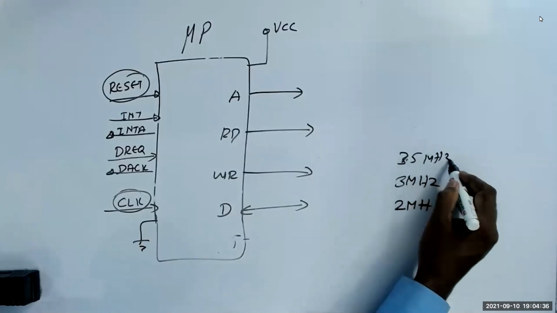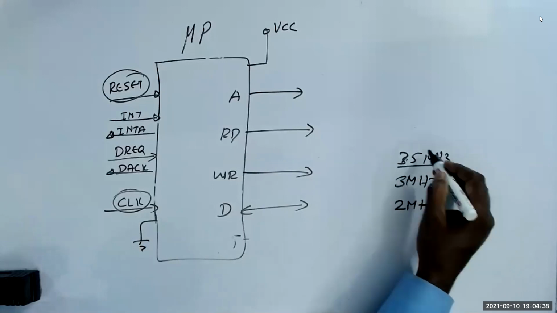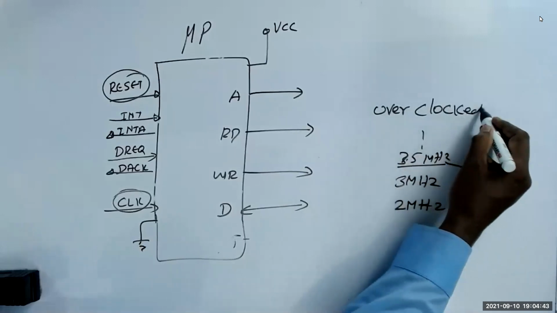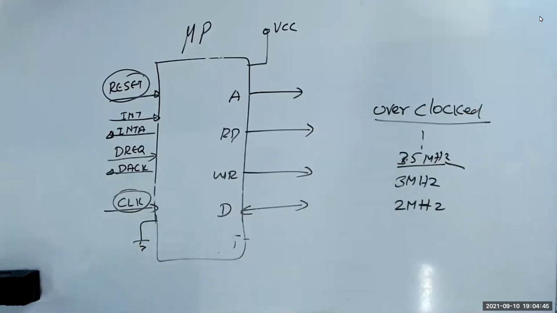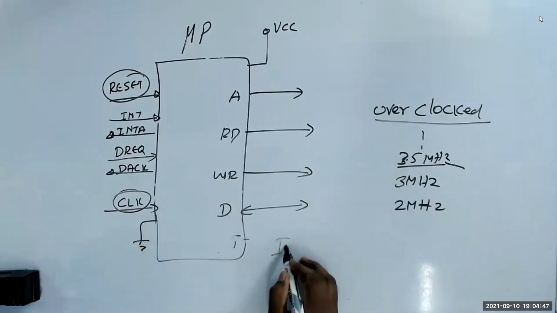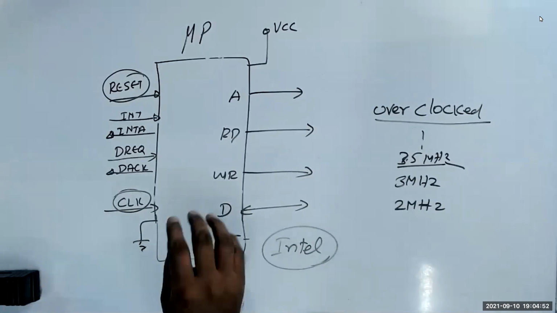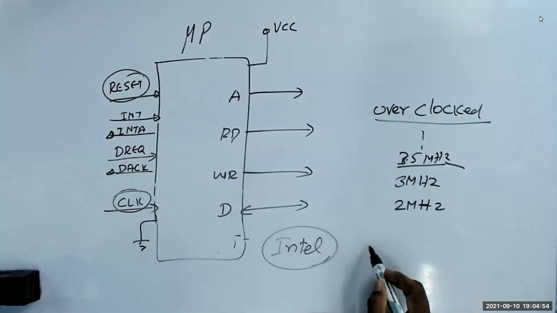But of course, this is wrong. This is called overclocking. What is meant by overclocking? Let us say a company called Intel. Intel will test this microprocessor for 4 megahertz.